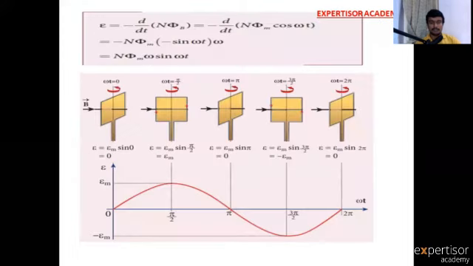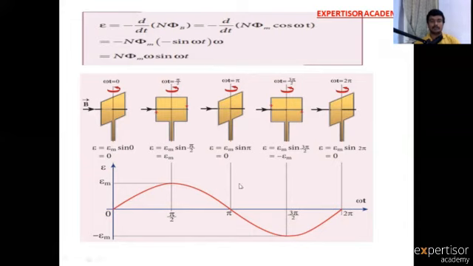Using these parts, we apply Faraday's law of electromagnetic induction with the change in flux. That flux becomes N phi m cos omega t. After calculation, epsilon is equal to N phi m omega sin omega t.